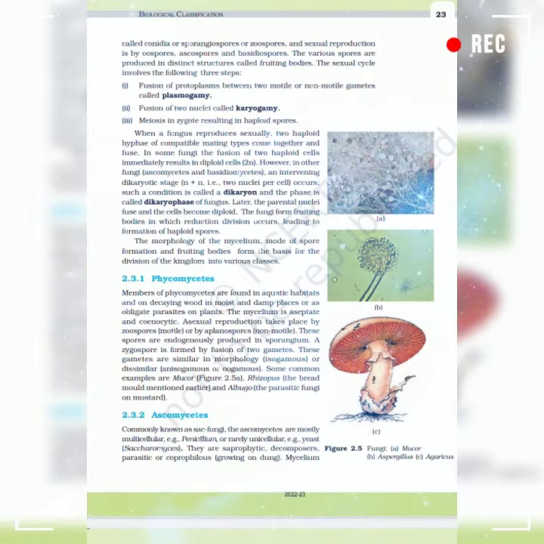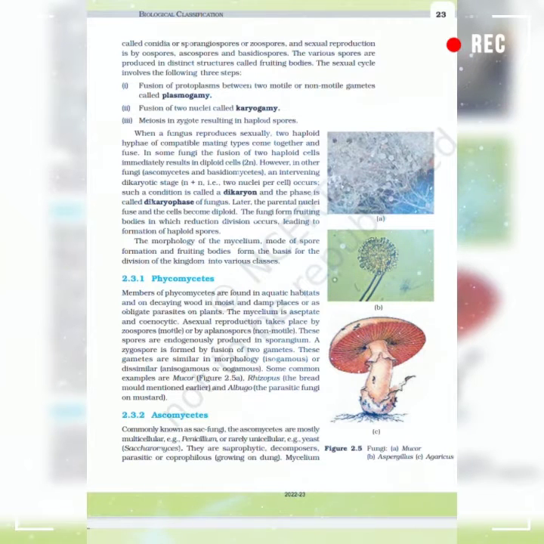2.3.1 Phycomycetes. Members of Phycomycetes are found in aquatic habitat and on decaying wood in moist and damp places or as obligate parasites on plants. The mycelium is aseptate and coenocytic. Asexual reproduction takes place by zoospores, motile, or by aplanospores, non-motile. These spores are endogenously produced in sporangium.